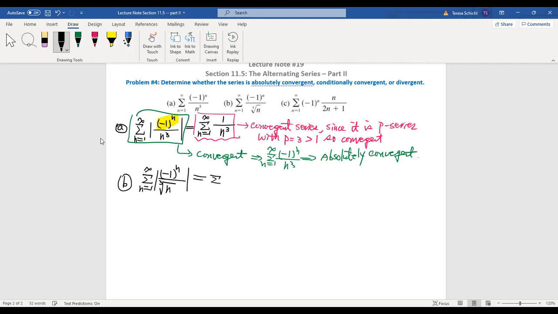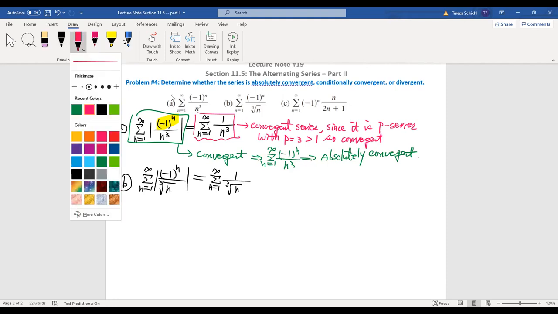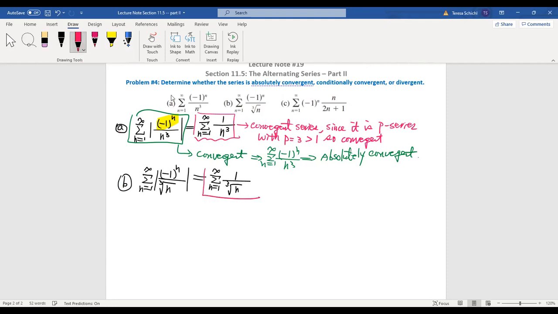After that, this is the sum from n equals 1 to infinity, negative 1 to the n power becomes positive, over n to the cube root. Now let's take a look. So this series, what type of series is this? This is a divergent series.